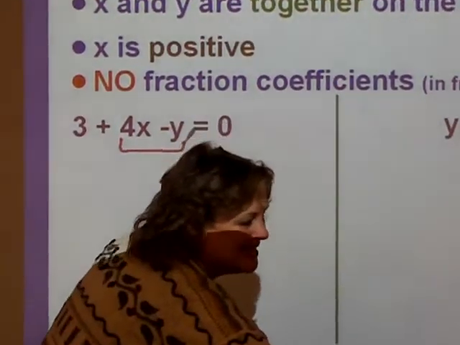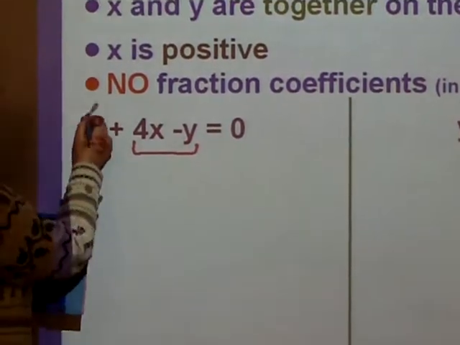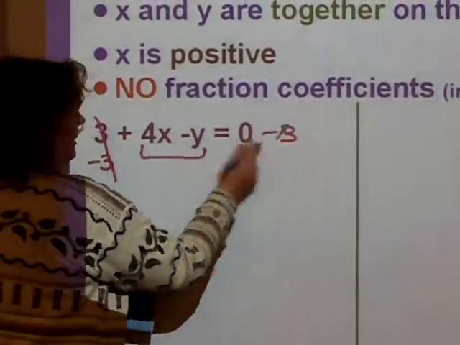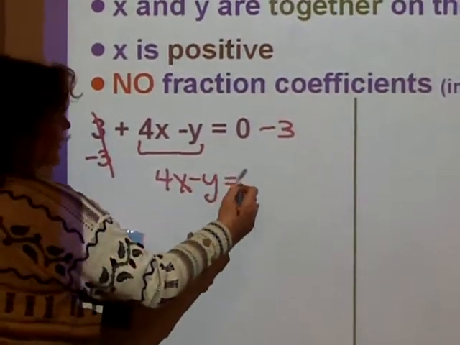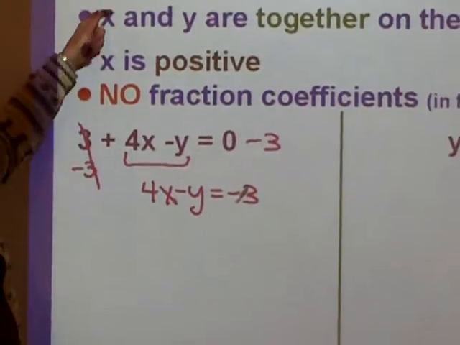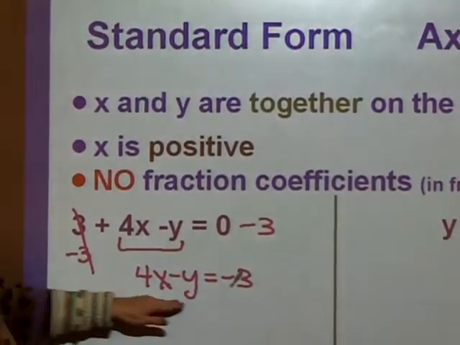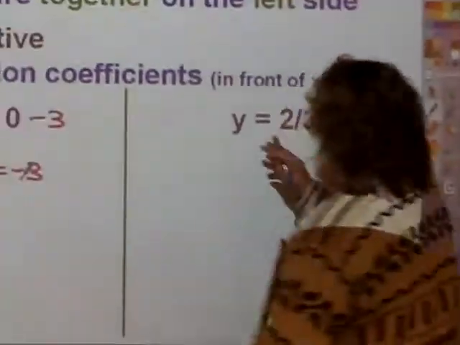So, the inverse of positive 3 would be negative, or just subtract it, okay? That leaves this over here on the left. And look, we're done. Let's check it. Are X and Y together? Yes. Is X positive? Yes. Any fractions? No. Gotcha.